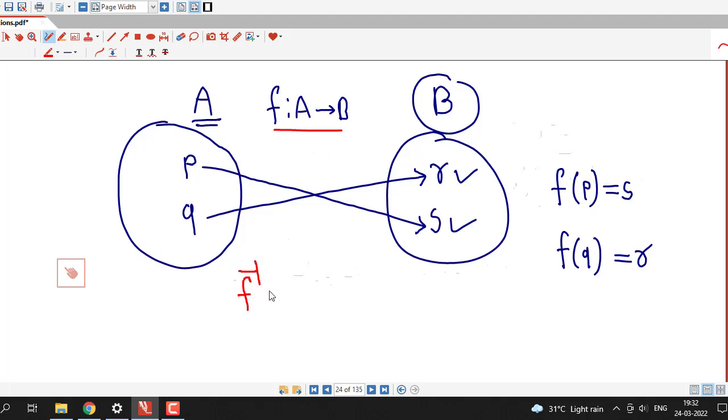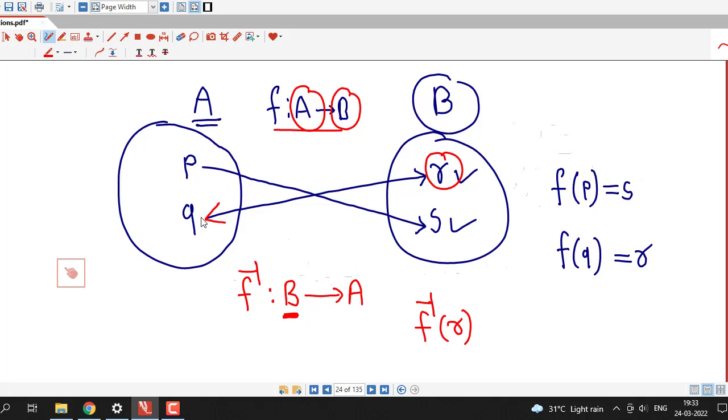So now f inverse is defined as having domain B and codomain A. The domain of f inverse will be the codomain of f, and the codomain of f inverse will be the domain of f. If f is a function from A to B, f inverse is a function from B to A. So we have to find the value of f inverse at every element of set B. For f inverse of R, we can go in this way.